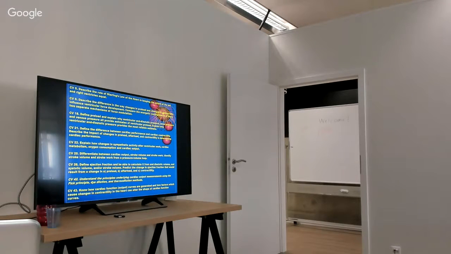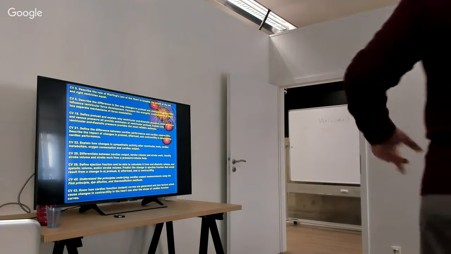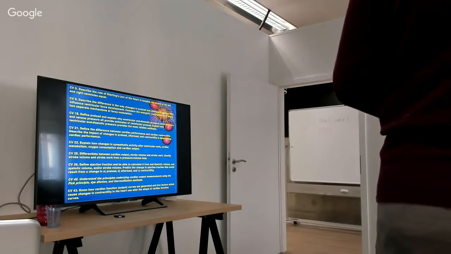In normal people around 25 liters, but we can also have extraordinary people, the Olympic athletes, that can reach 34, 45 liters. And we will see this.